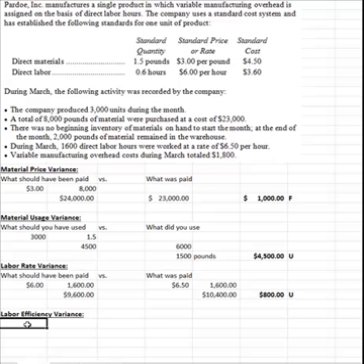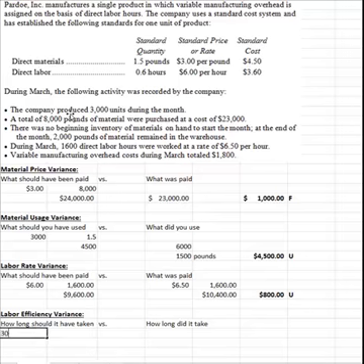And then the labor efficiency variance. So here, how long should it have taken? It should take 0.6 hours for each unit you made. How many units did you make? 3,000.